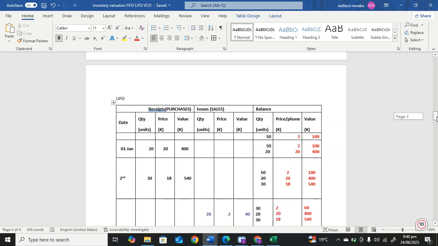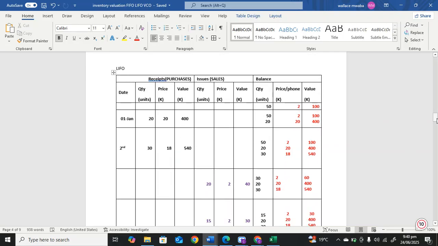Now, when we come to the first issue for the 20 units, we're focusing on this side here. The inventory that came in last, which is these 30 units, that's what we're going to remove from. So these 20 units that we issue, we remove from this batch of 30, which are valued at 18 kwacha.